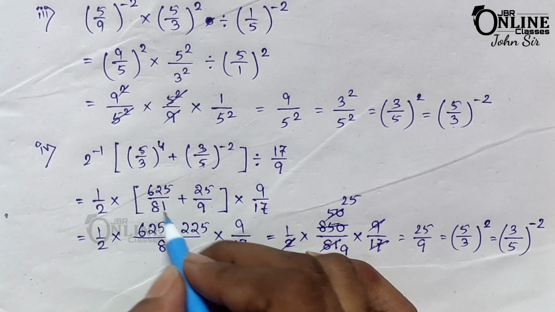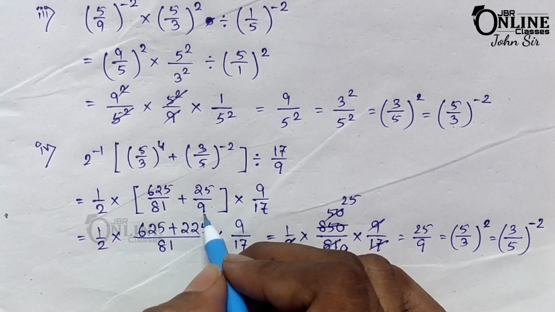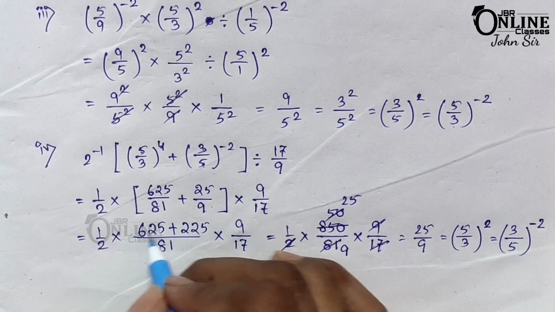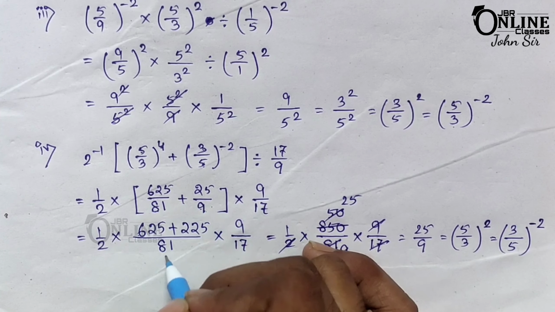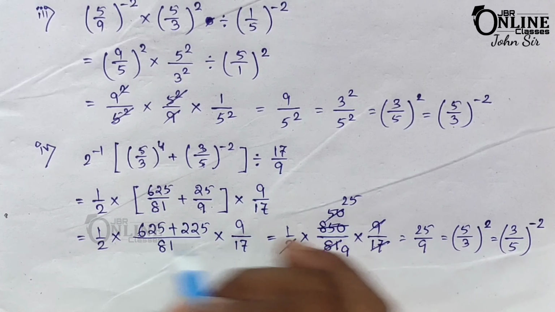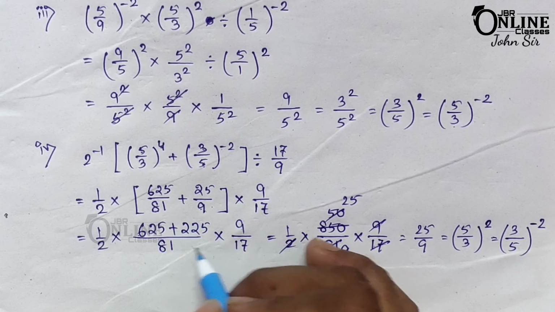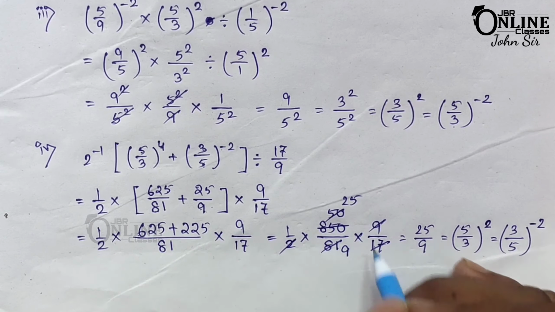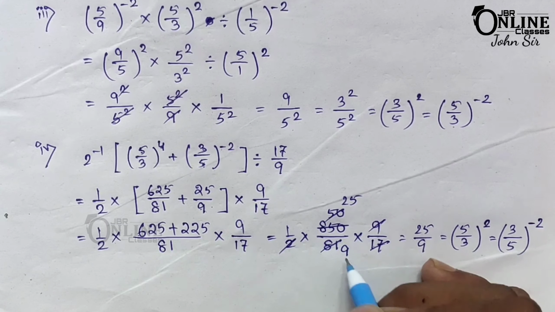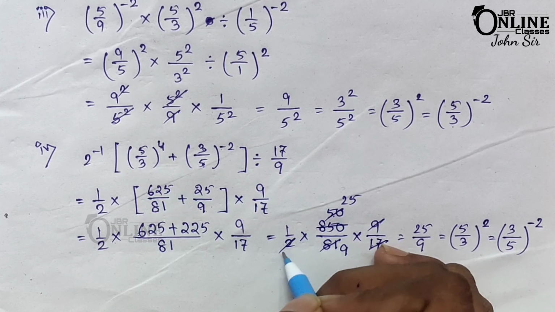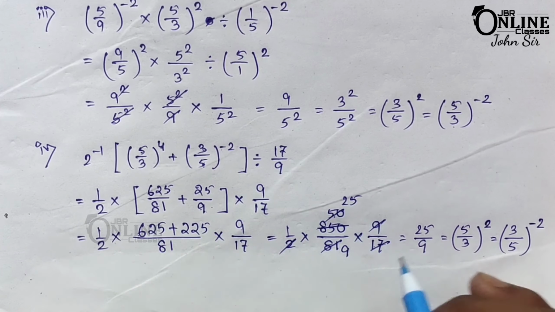Next, half into, as here 81 and 9, the LCM is 81, so here 625 plus, now 9 9s are 81, so 225 into 9 by 17. So now 625 plus 225 becomes 850 by 81. So 9 cancels out with 81, it's 9, 17 cancels out with 850, it's 50, now 2 cancels out with 50, it becomes 25.